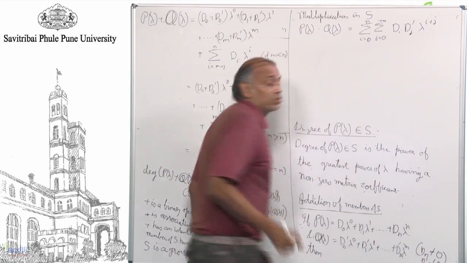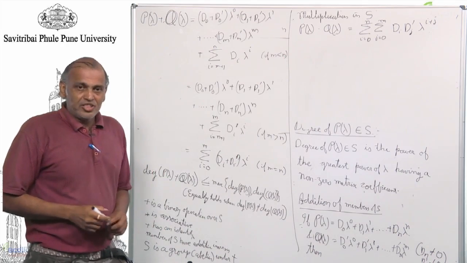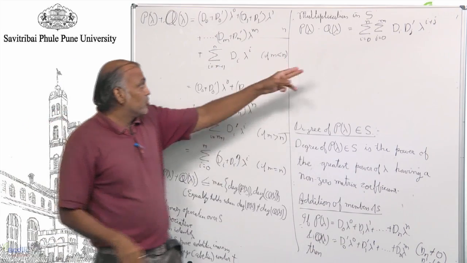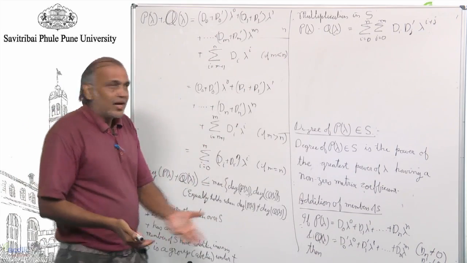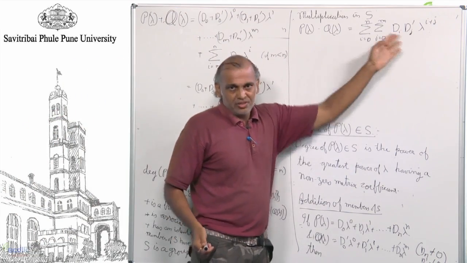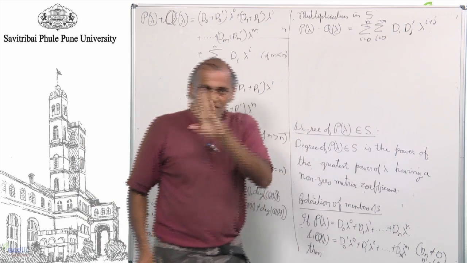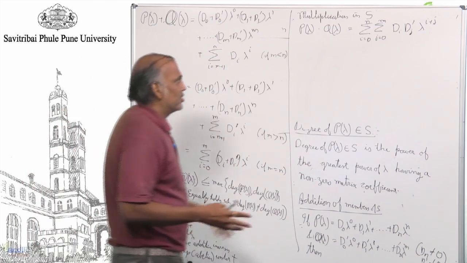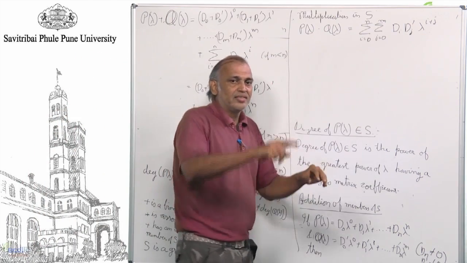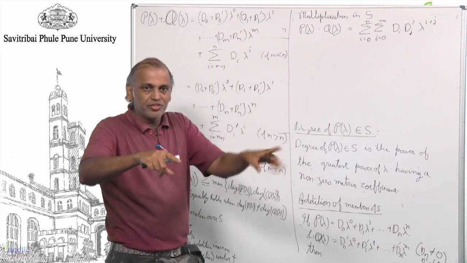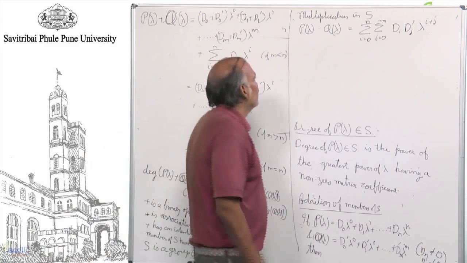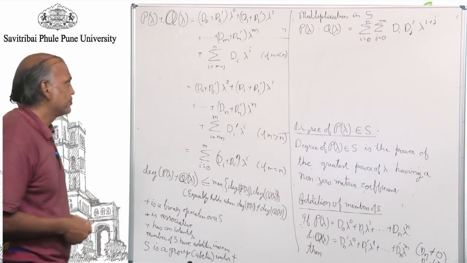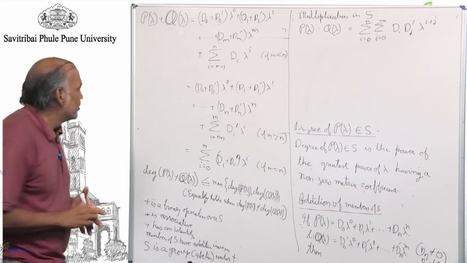Now if somebody wants i plus j to be 3, then the person goes over all possible i and j from 0 to m which would give rise to this 3, and then spells out all the products which stand behind that lambda to the power 3. That's the way you would need to work if you are interested in writing down the product simply as powers of lambda with matrix coefficients taken together. Okay, but I'll keep things as they are here. This is multiplication. It's a binary operation.